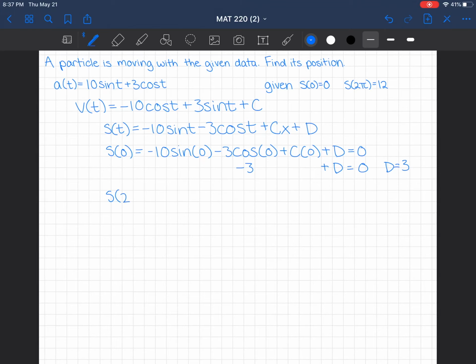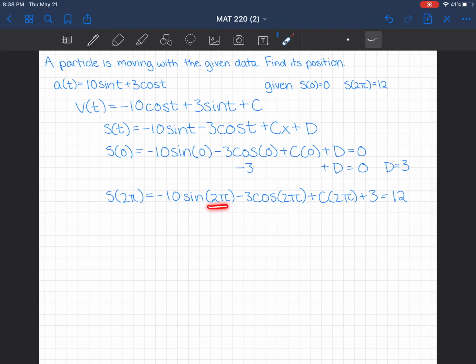Now we can also go ahead and solve for 2 pi. Instead of writing a d, I'll go ahead and plug in my 3, and we see that the value at 2 pi ends up being equal to 12.